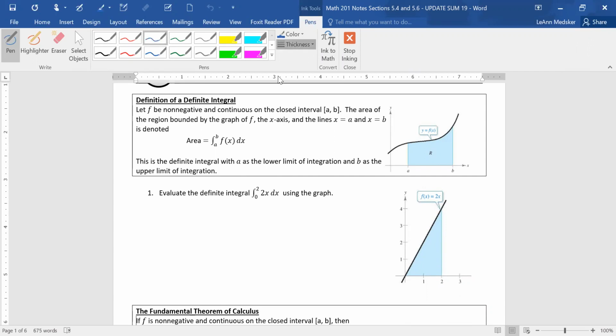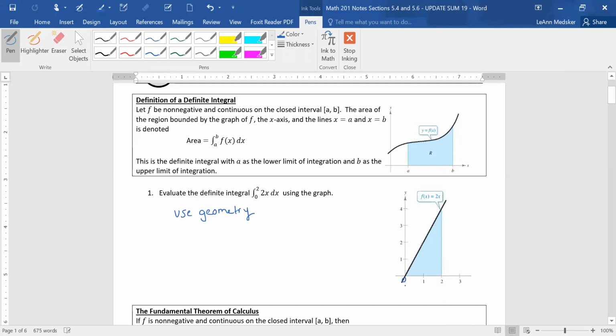So let's look at this first one, which is just a straightforward triangle. This is from 0 to 2 on the x-axis. The function here is 2x, so we've graphed that line, and notice we're using the x-axis as a boundary as well. We're going to use geometry since this is a beautiful geometric shape.